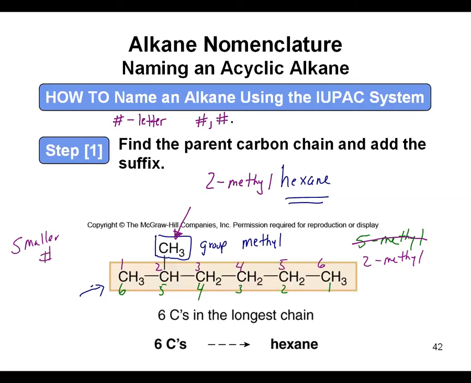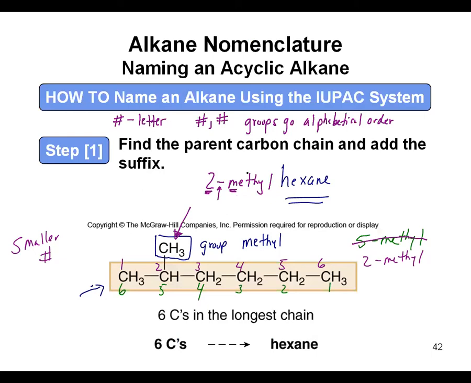And the last thing is, when we're naming these things, all the groups go in alphabetical order, regardless of number. So again, if you have a number to a letter, we put a dash between it, which is why this dash is right here. Number here to letter here, we put a dash between it. And again, 2 numbers, we do a comma.